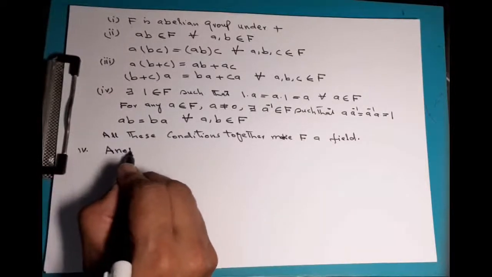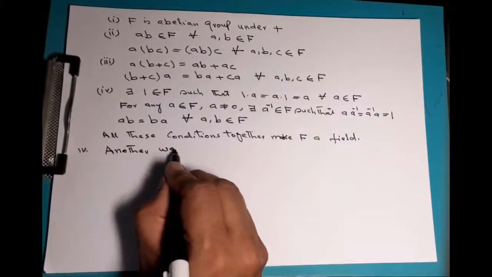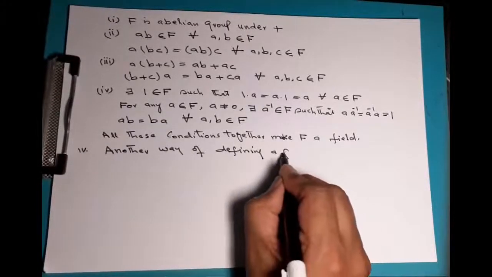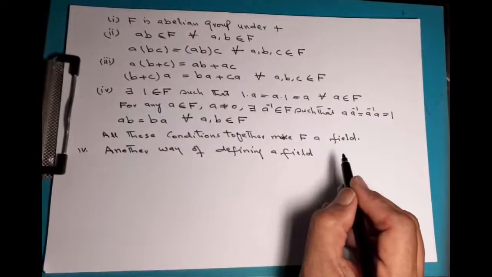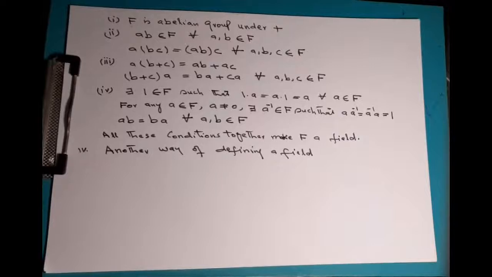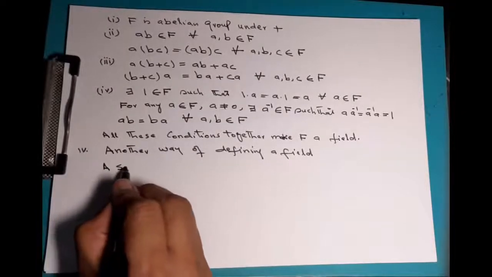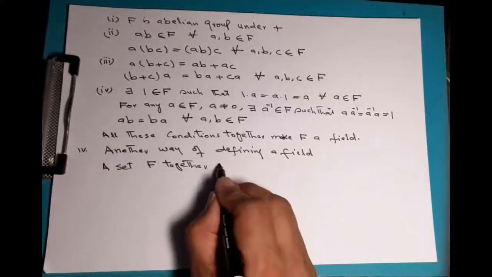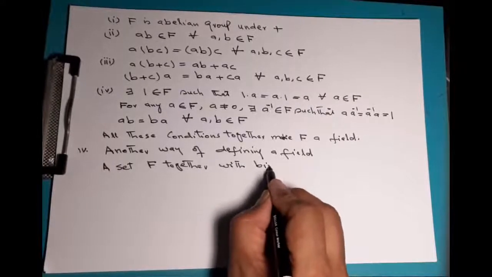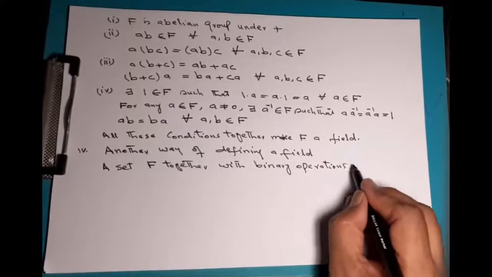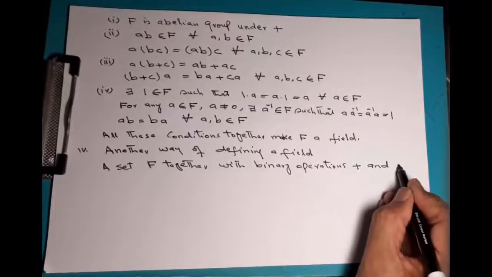So we may define field in this way that first of all, a set F together with binary operations addition and multiplication is called a field.